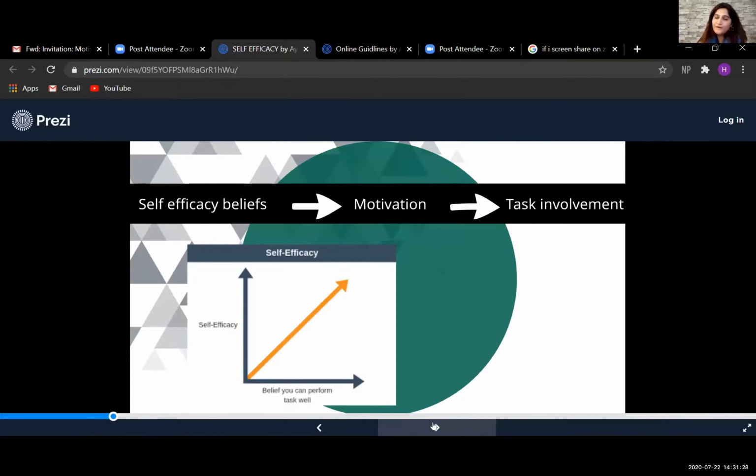All of that is linked to how much a person is going to be persistent, how much a person is going to be involved in a task, how much a person is going to be productive in a task, how much a person is going to be engaged in a task. And then all of that is directly related to one another.